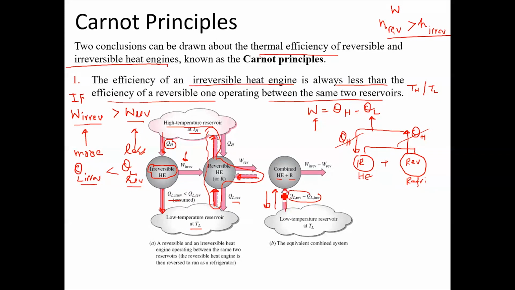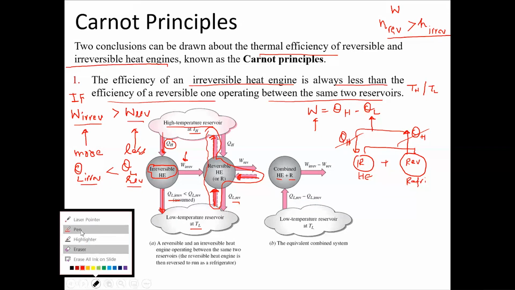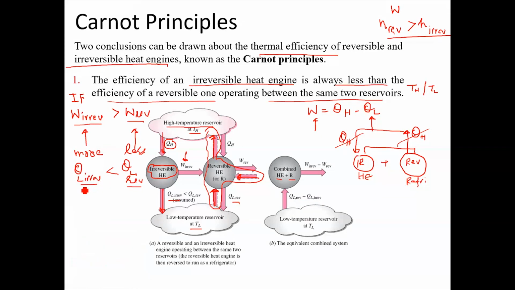Upward, sir. Why? Because we had already assumed that QL irreversible is less than QL reversible. So QL reversible minus QL irreversible would be a positive quantity directed upwards. Clear enough?